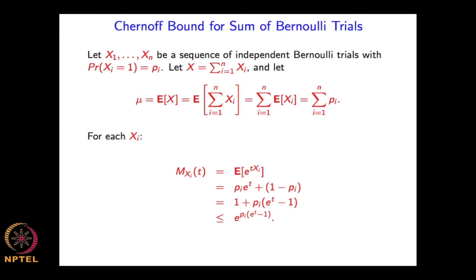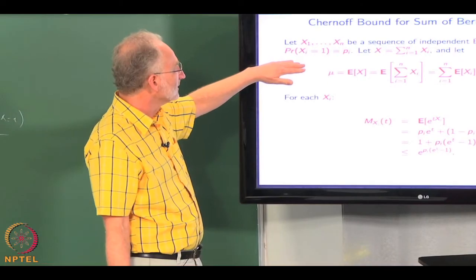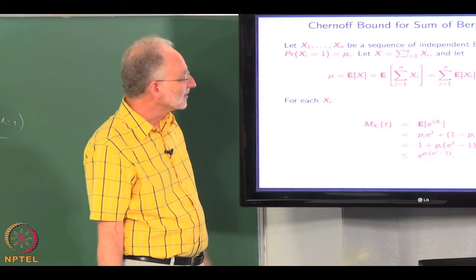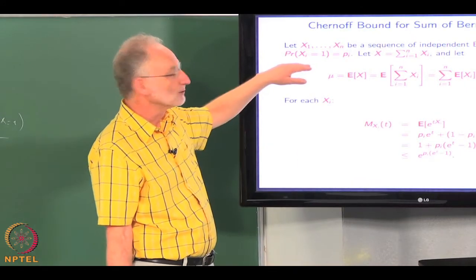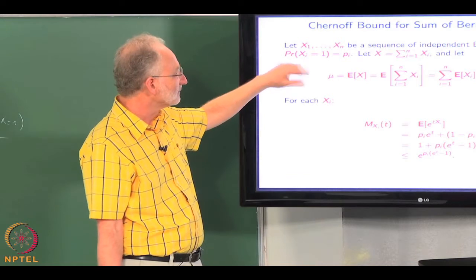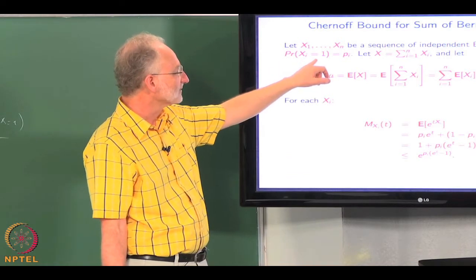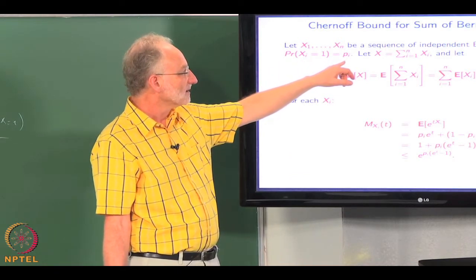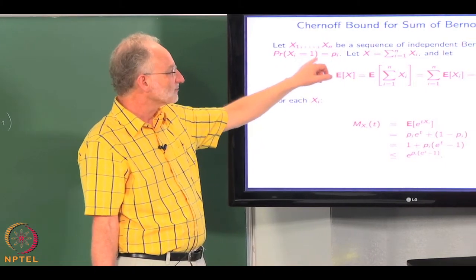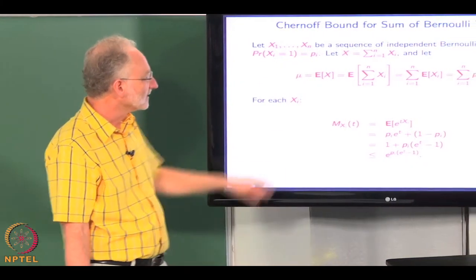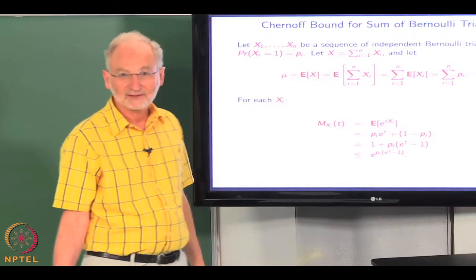So here's the proof of the first basic Chernoff bound. Let X1 to Xn be a sequence of independent Bernoulli trial random variables, where the probability that Xi is 1 is pi, and we're looking at the sum of the Xi's.